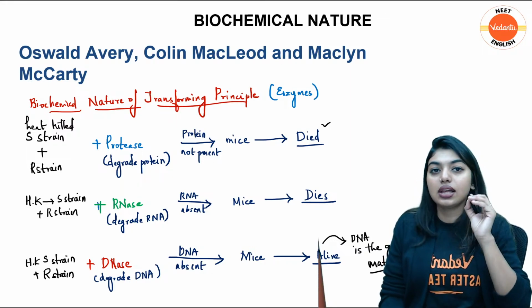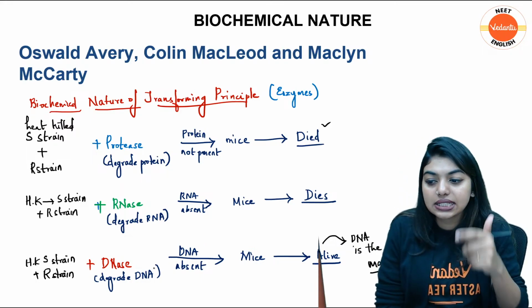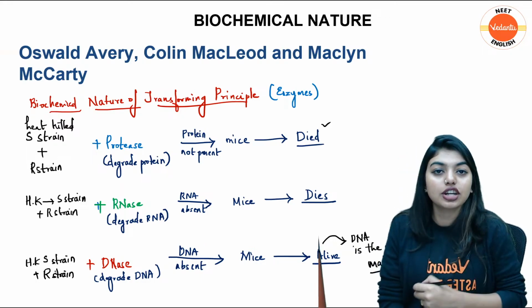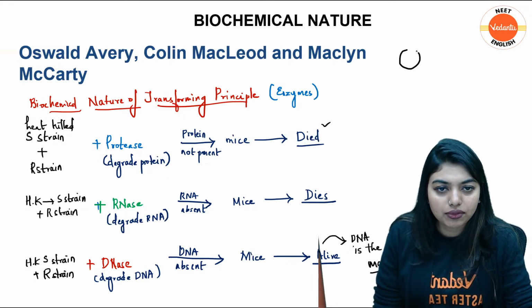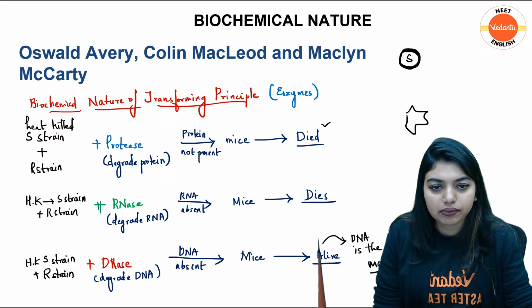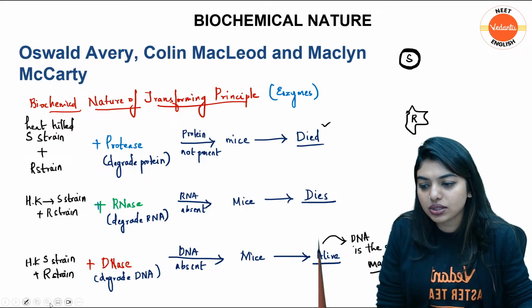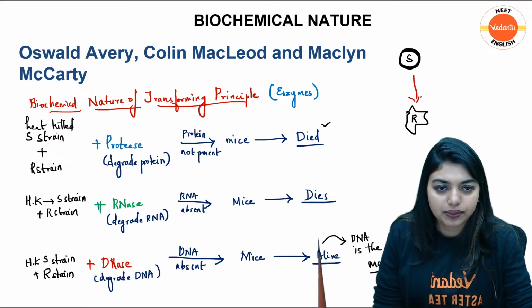This is the conclusion. Why? Because DNA was absent and the mice lived. That means the thing that transformed from the S strain to the R strain was DNA. DNA was transformed.